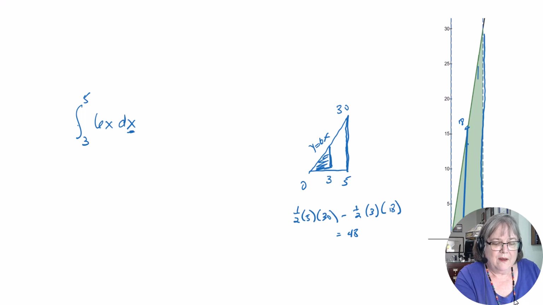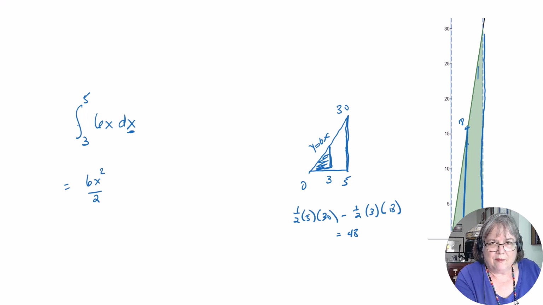Okay? Now you treat this like you did when you had an indefinite integral. You use all of your rules. Do you have a power rule? Is it a function that you would recognize like a trig or hyperbolic or e function or something like that? So this is a power rule. So you have your 6, you add 1 to the power, divide by the new power.